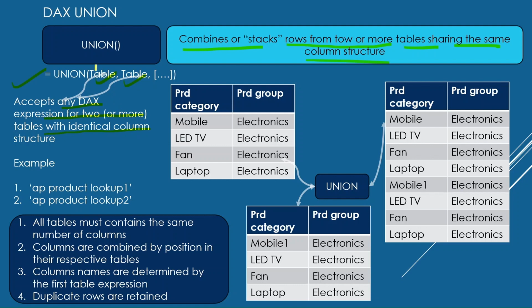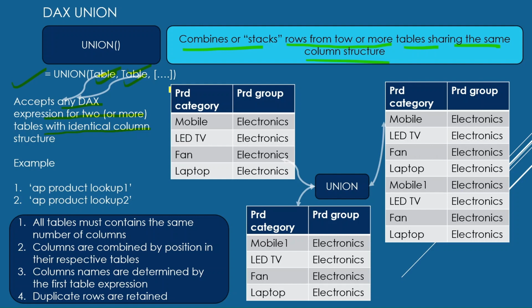If we use DAX expressions for these inputs, then both expressions must have an identical column structure. If we provide physical tables, both physical tables must have an identical column structure. Then only union will work. Otherwise, it will give an error.